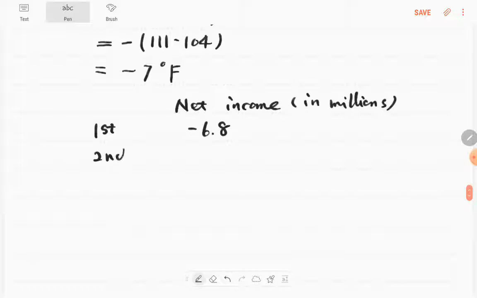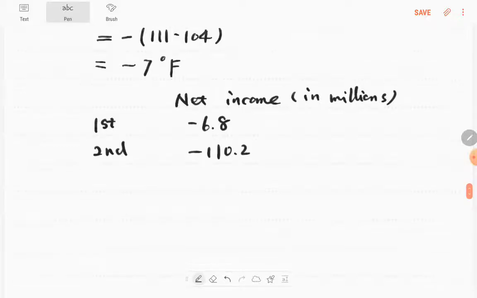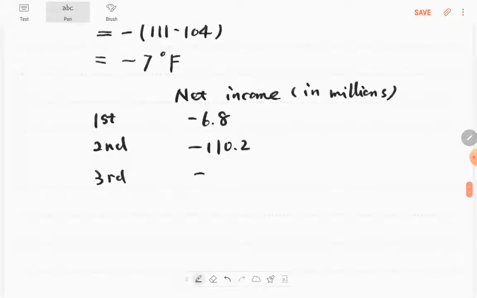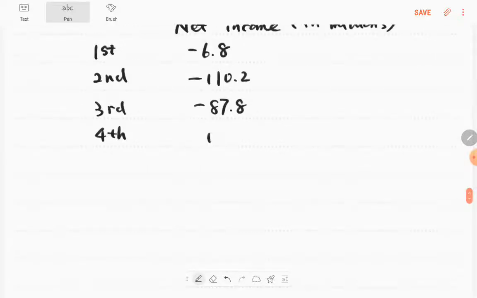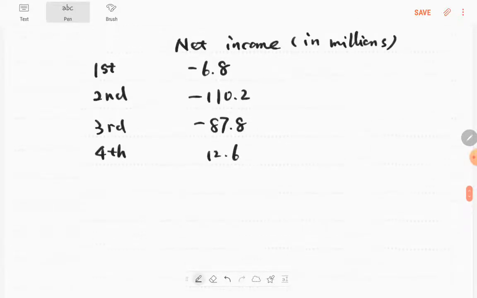So second quarter, the net income is still a negative number. It's negative 110.2. The third quarter is negative 87.8. Still lose some money. And the last one, it's a positive number, so they earn money.